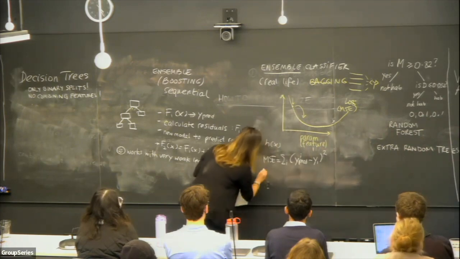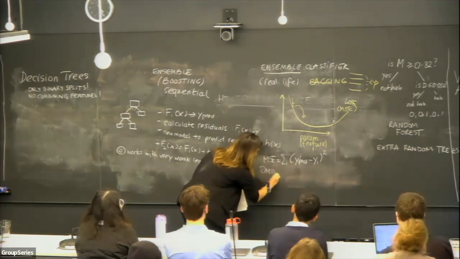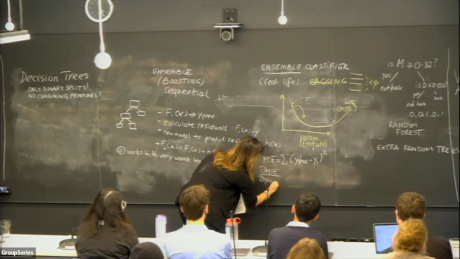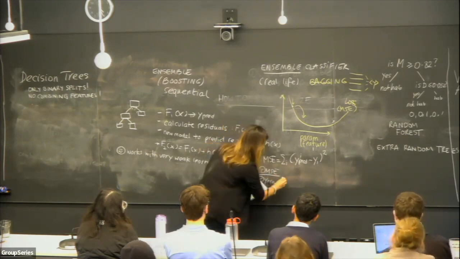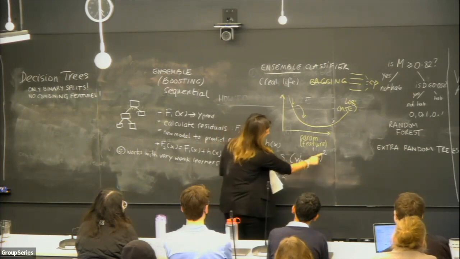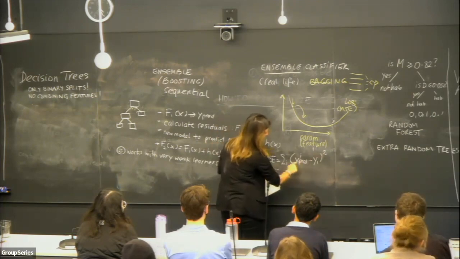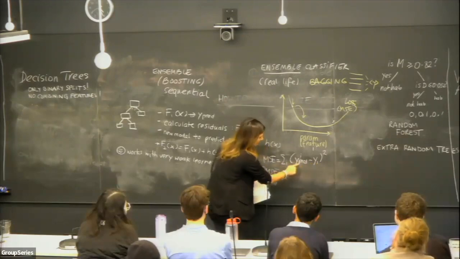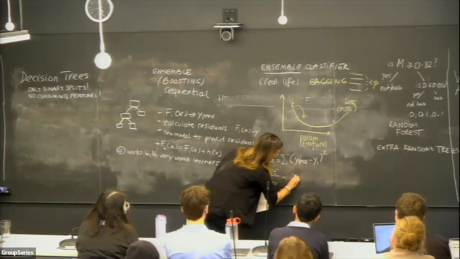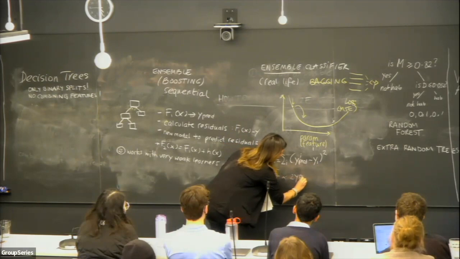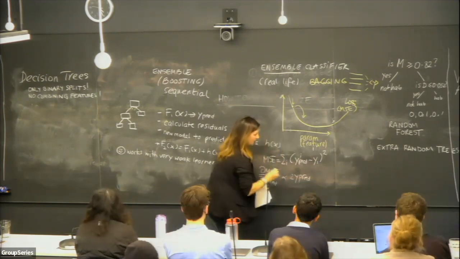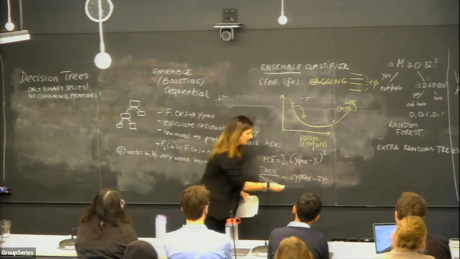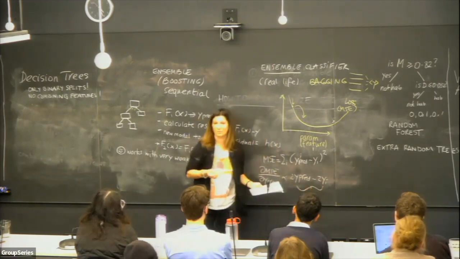And so if you actually take the derivative of this with respect to your predictions, this is like 2y squared plus 2 y pred squared minus 2 the product of these two. And so the derivative with respect to y pred is proportional to 2 times the predictions minus 2 times the true values. And these are the residuals.